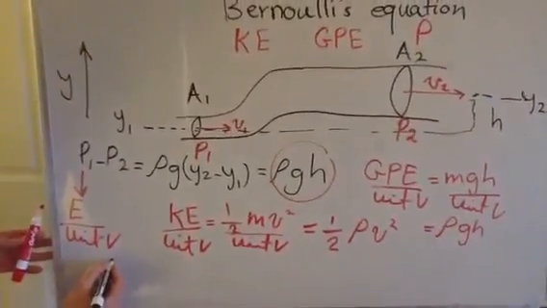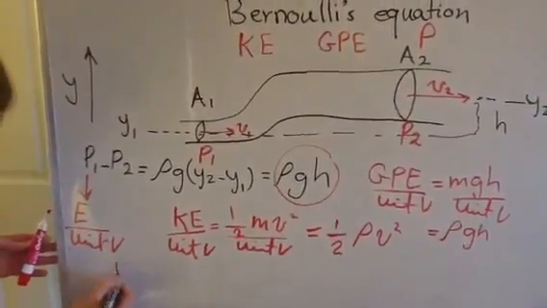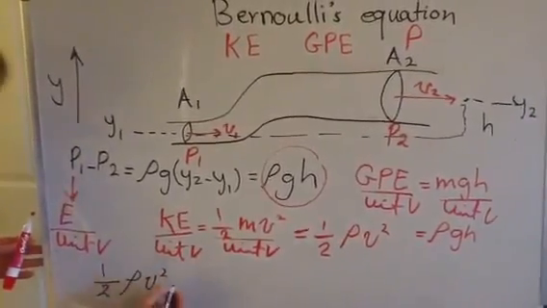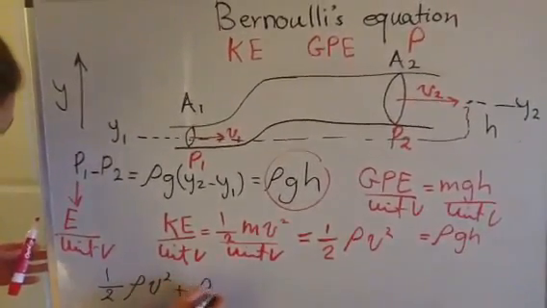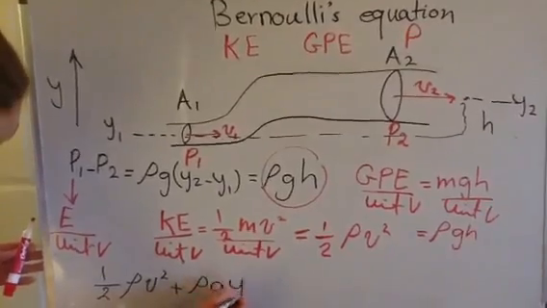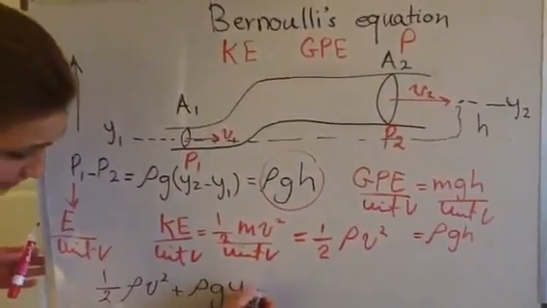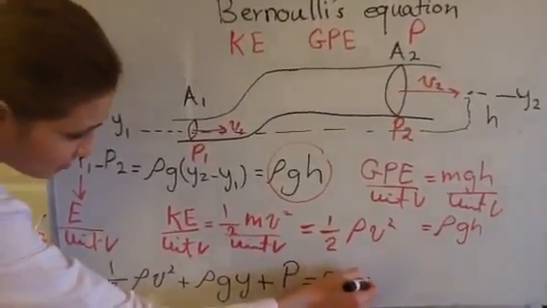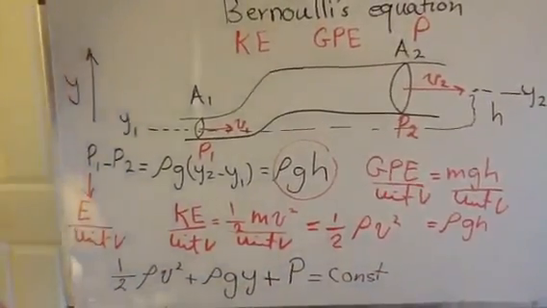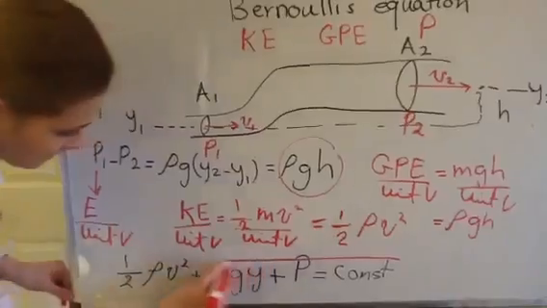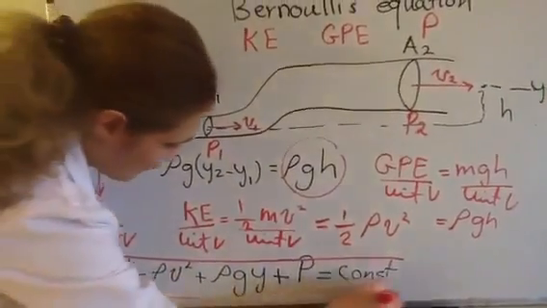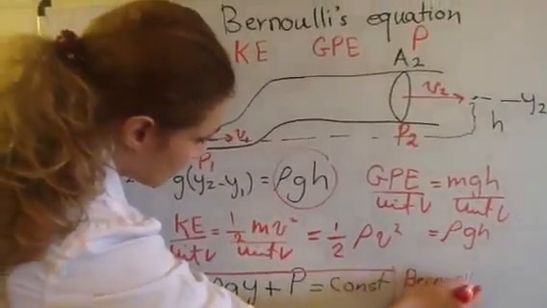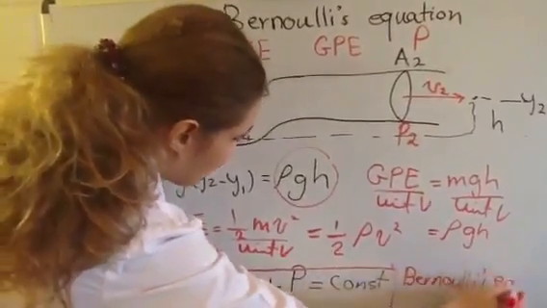So Bernoulli's equation is half rho v squared plus rho g y plus pressure equals constant. And this would be Bernoulli's equation.